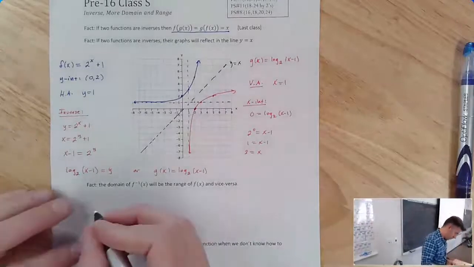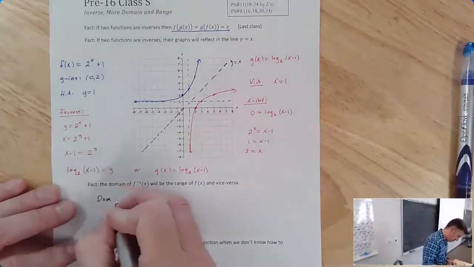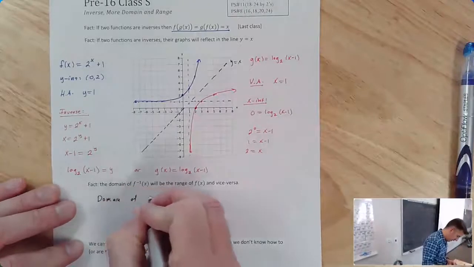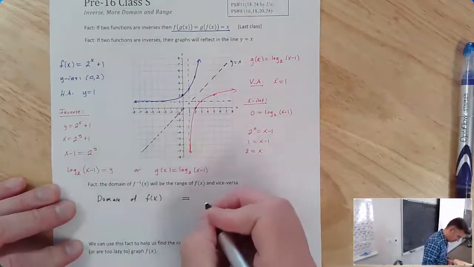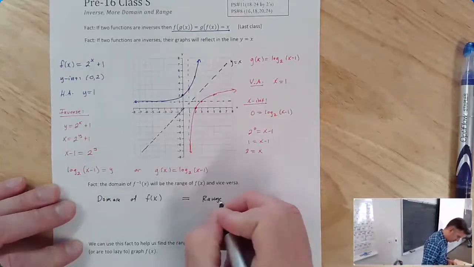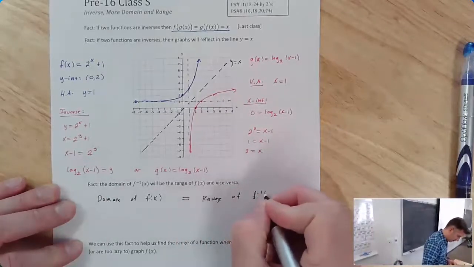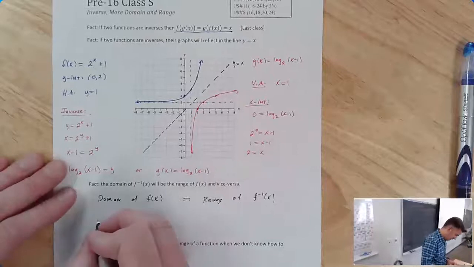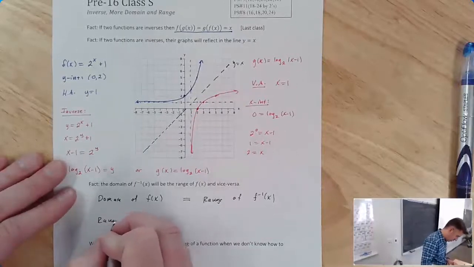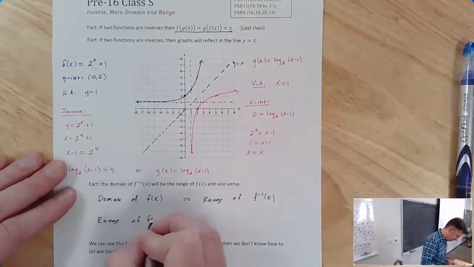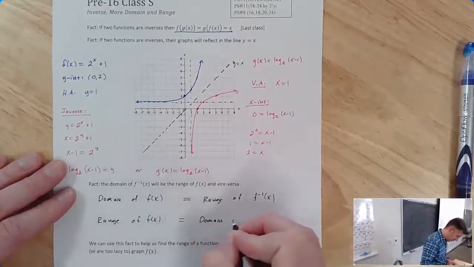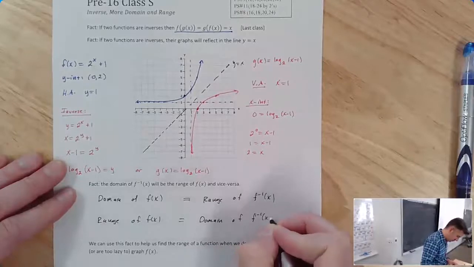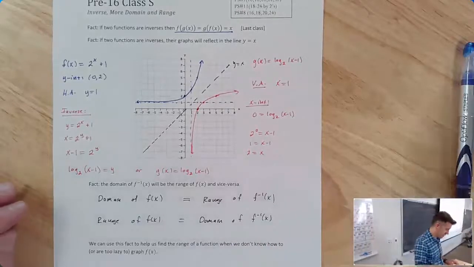So what I want to say here is that the domain of f of x is equal to the range of the inverse function, and vice versa. The range of f of x is equal to the domain of the inverse function, which we can totally see in this example.